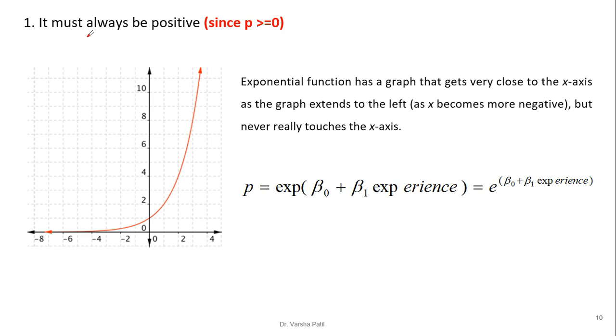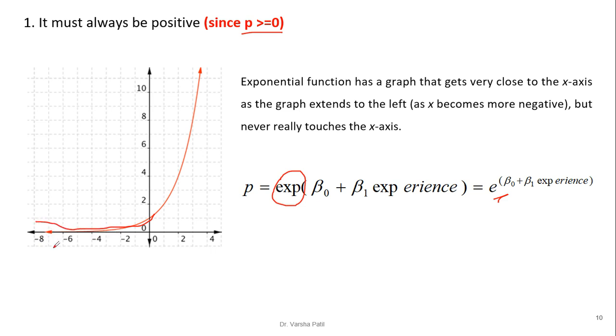So our first condition is that it must always be positive. When we want positive values, the best choice is the exponential, that is e, and for the e function the values are always positive. For example, see, this is the curve. On the positive side there is no limit, so it is greater than 1. But on the negative side we can see that it runs parallel to the x-axis, but never touches it.